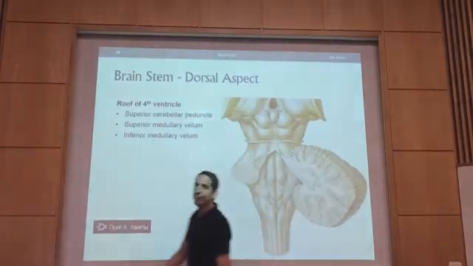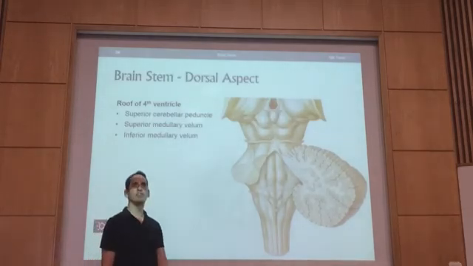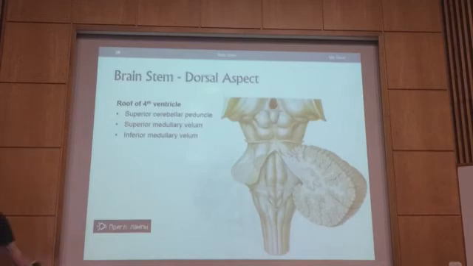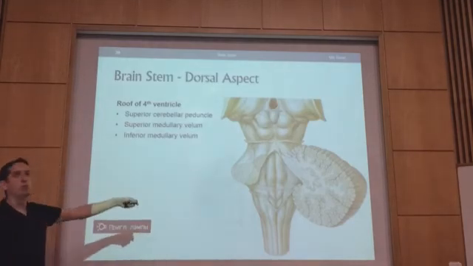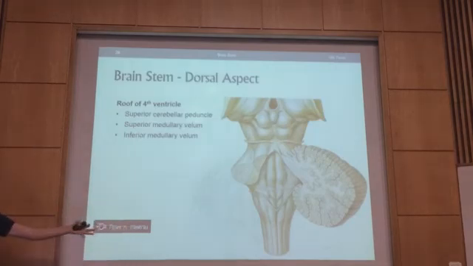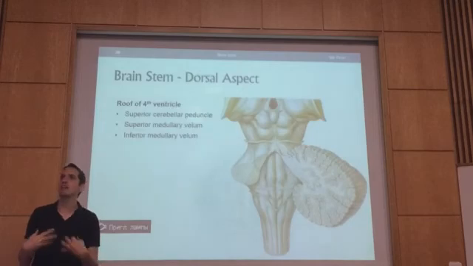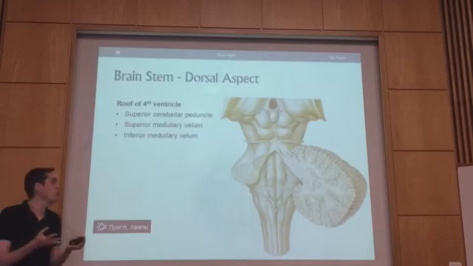So just the last thing I want to say about the dorsal aspect of the brainstem is that a few people asked me about it during the break. We mentioned the floor of the fourth ventricle, but obviously the ventricle should also have a roof. It's not like the nervous system is completely open.